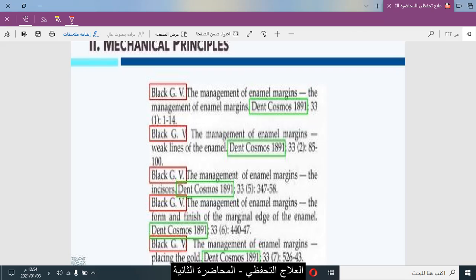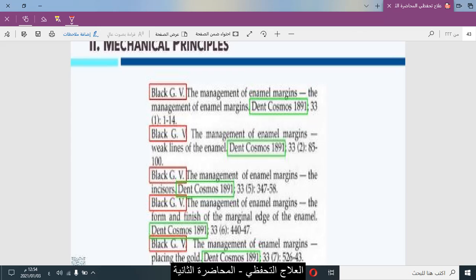Sometimes there is some pit with invagination that makes the outer outline less than the inner outline. We have to blend the walls of the pits and fissures to make them easy to clean. This situation is known as enameloplasty.